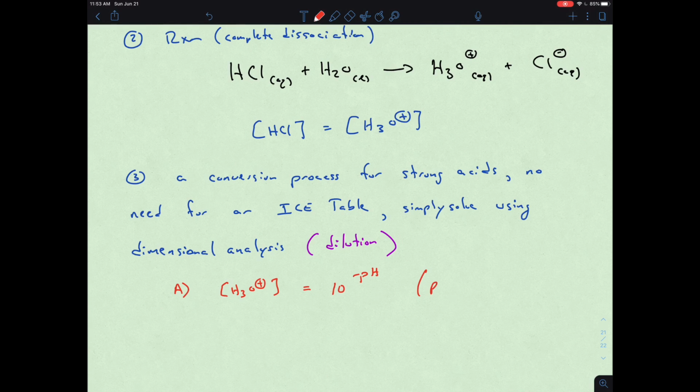Remember, pH is equal to the negative log of my hydronium ion concentration. So I've rearranged that to solve for the actual hydronium.